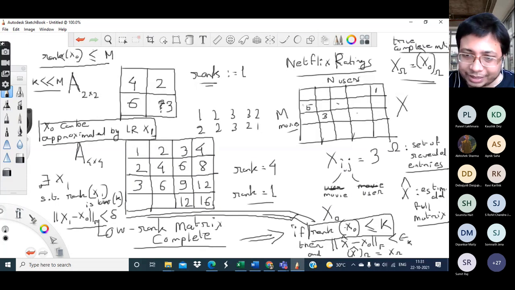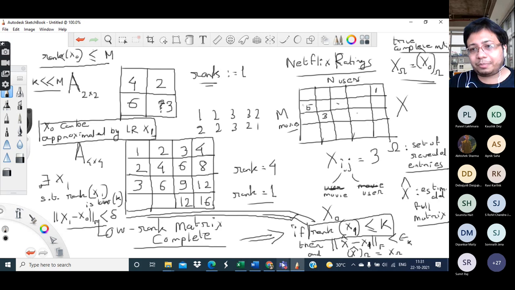And this X hat is going to be quite close to X1 because X1 is low rank. And furthermore I know that X1 is quite close to X0.